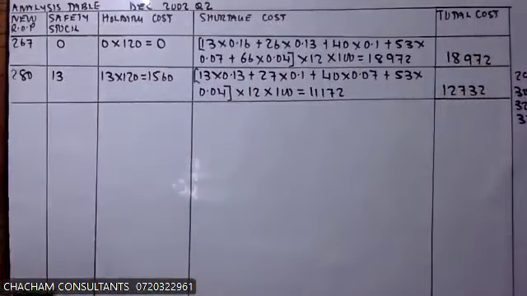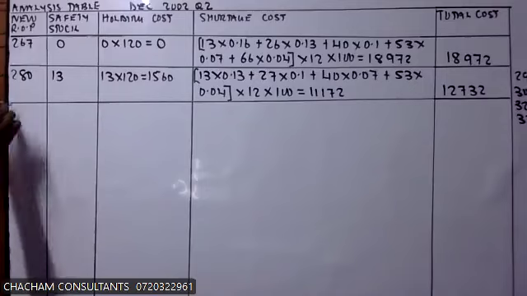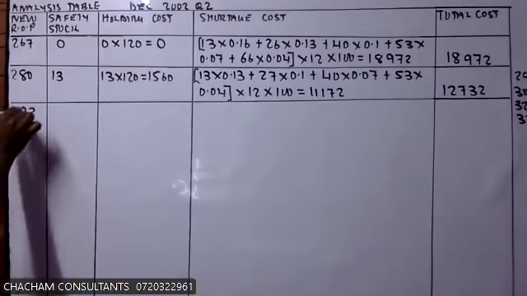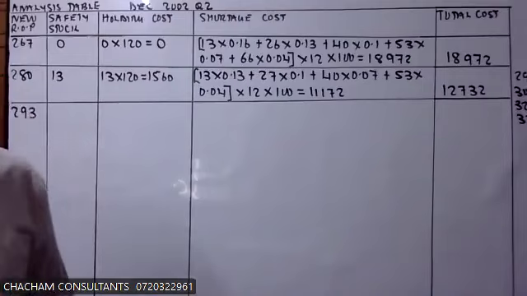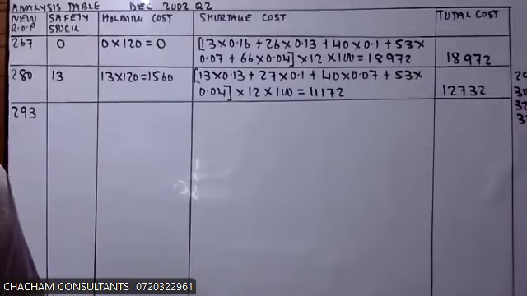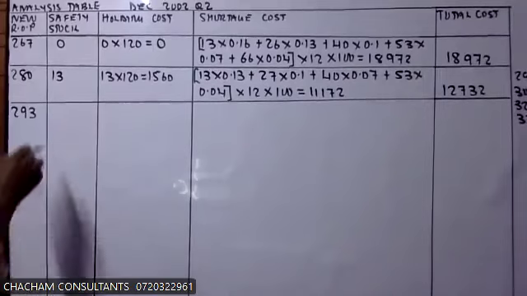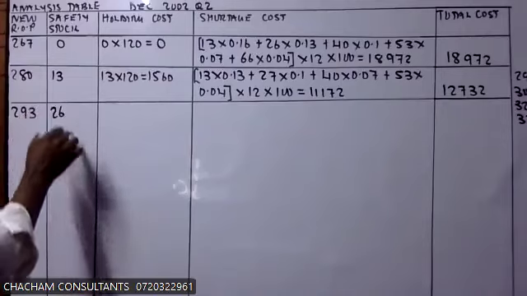The next point is at 293. So if you have 293 as your new reorder point, and the current reorder point is 267, that gives you a safety of how many units? A safety of 26.